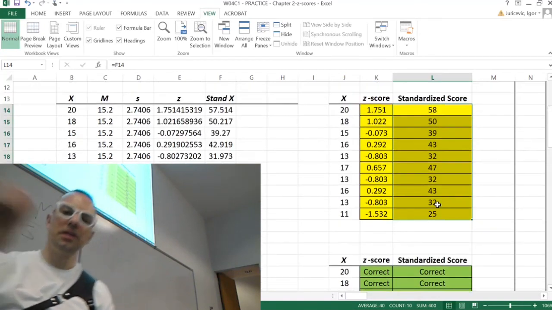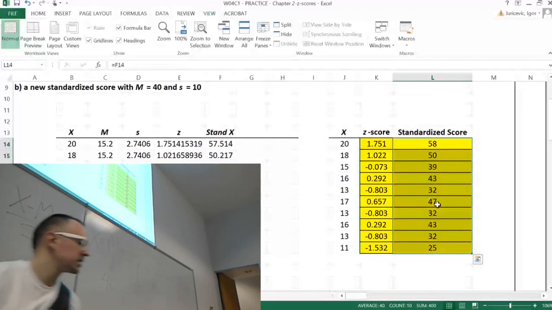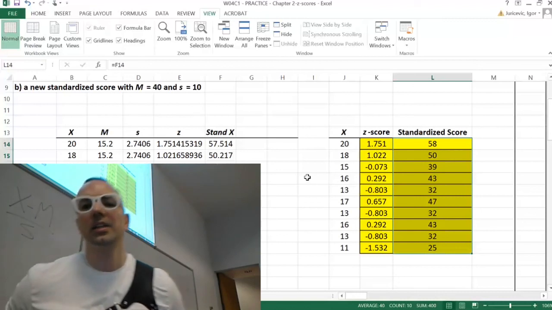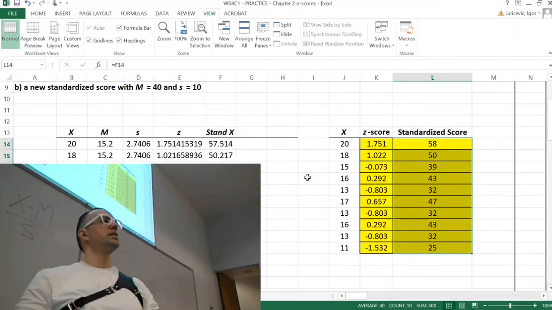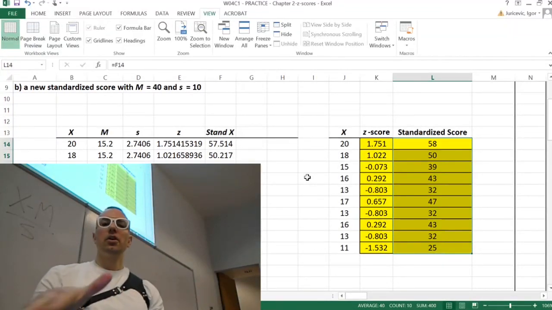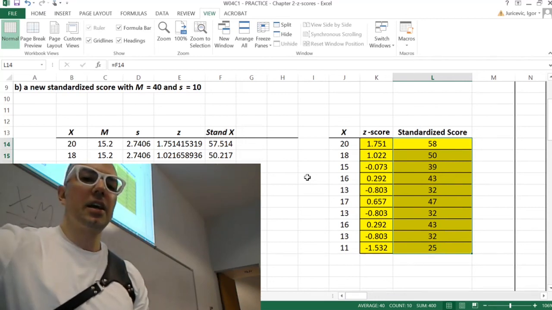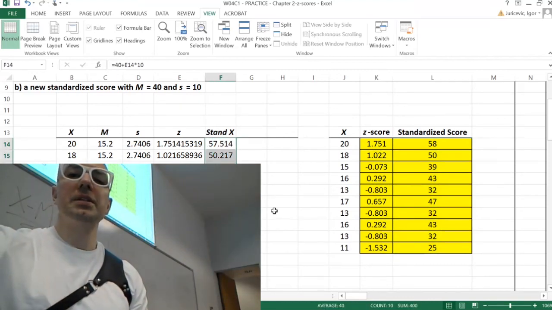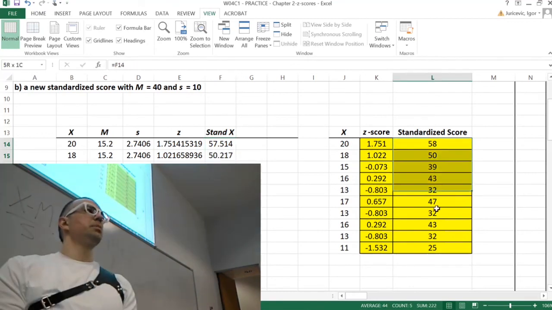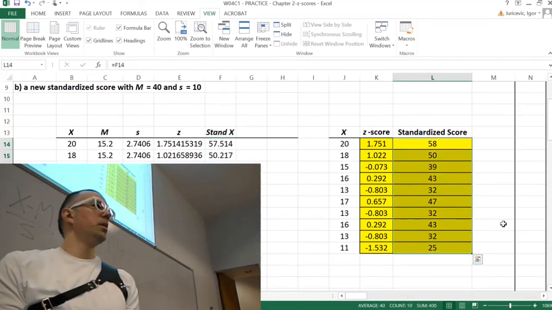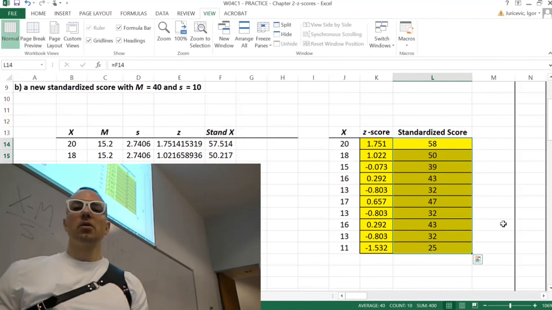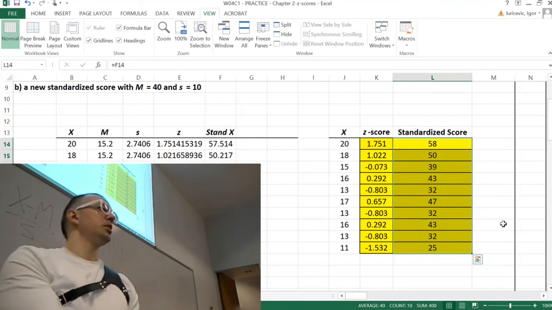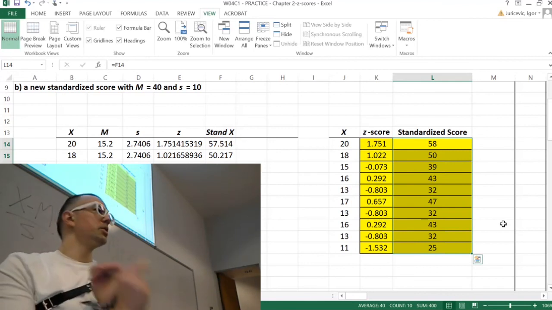And while I'm here, this is something that a few students have asked me before in terms of the number that Excel displays. So you can see here, we calculated our standardized scores, and Excel was displaying up to 3 decimal places. But when we put these standardized scores into our answer cells, all of a sudden Excel is only displaying the whole number, no decimals. So three things to know about this. Number one, the numbers are still there.